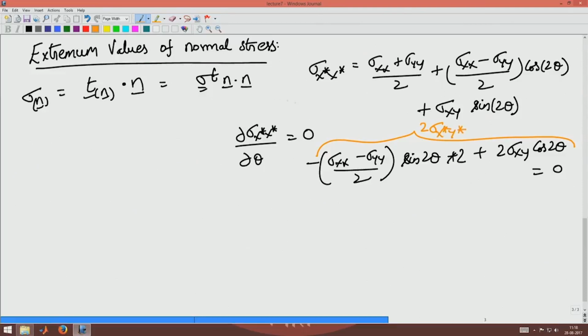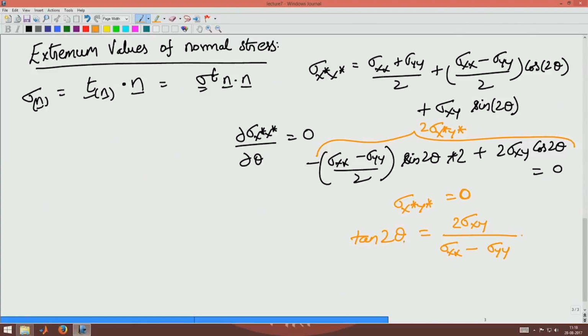So, maximization of the extremum normal stress requires that sigma x star y star be 0 on that plane. So, the shear stress on the plane where the maximum normal stresses occur will be 0, okay. And this gives us also the expression for tan 2 theta as 2 times sigma xy divided by sigma xx minus sigma yy, okay.